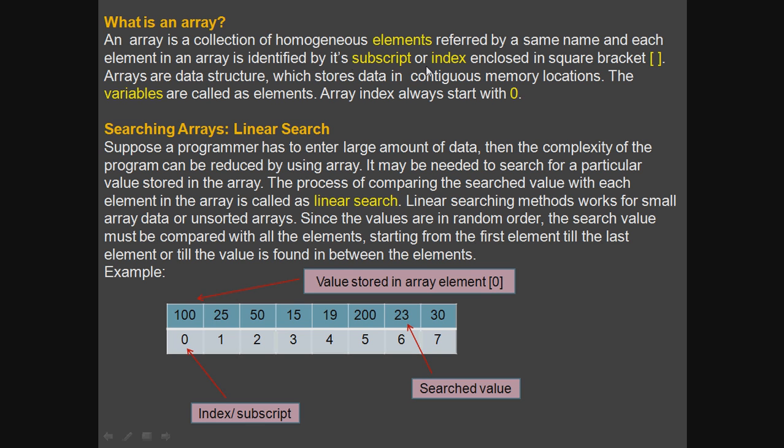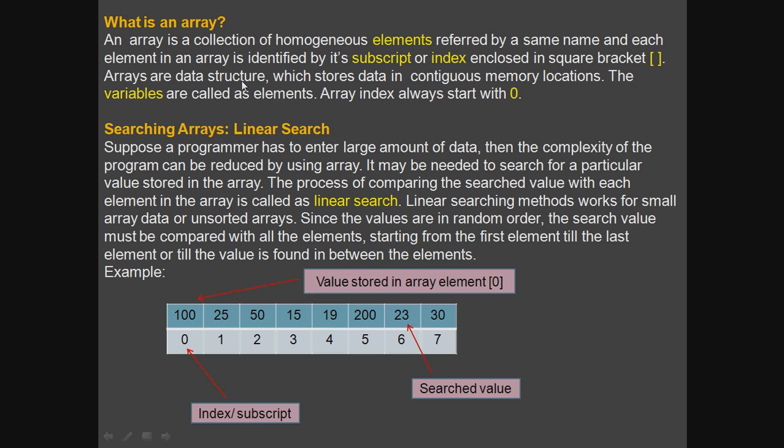Since all the variables will have the same variable name, in order to identify them, you use what is called a subscript or index, which is the number starting from 0 onwards to n numbers, enclosed in square brackets. Within this square bracket, the index or subscript to identify the element will be written.